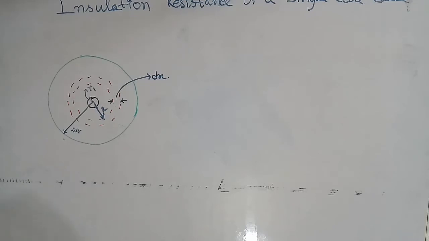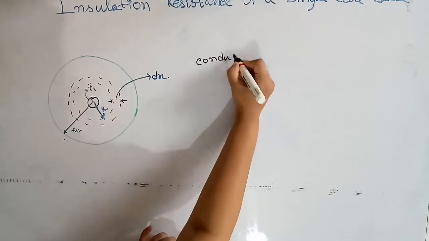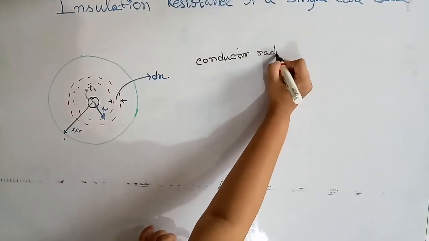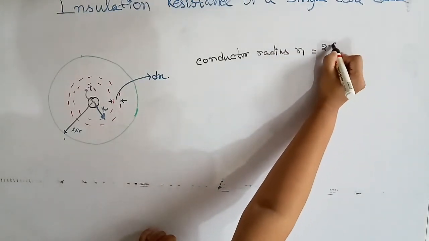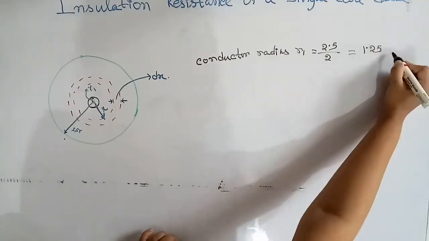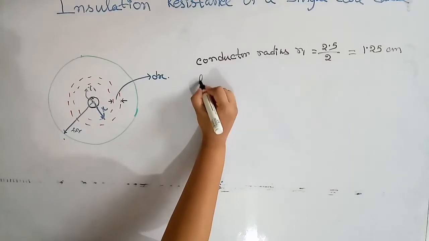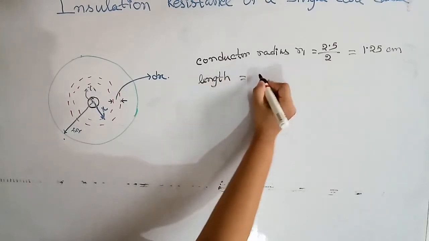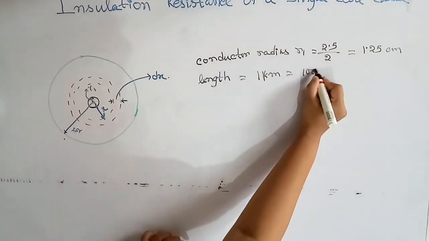So it is given that the conductor radius R1 equals 2.5 by 2, that is 1.25 centimeter. Now what is the value of length? Length is given by 1 kilometer or 1000 meter.